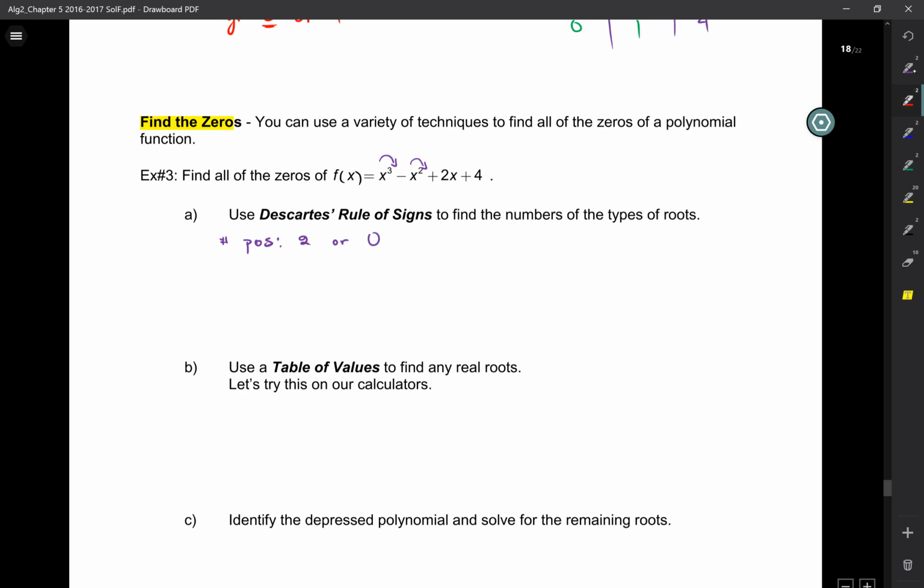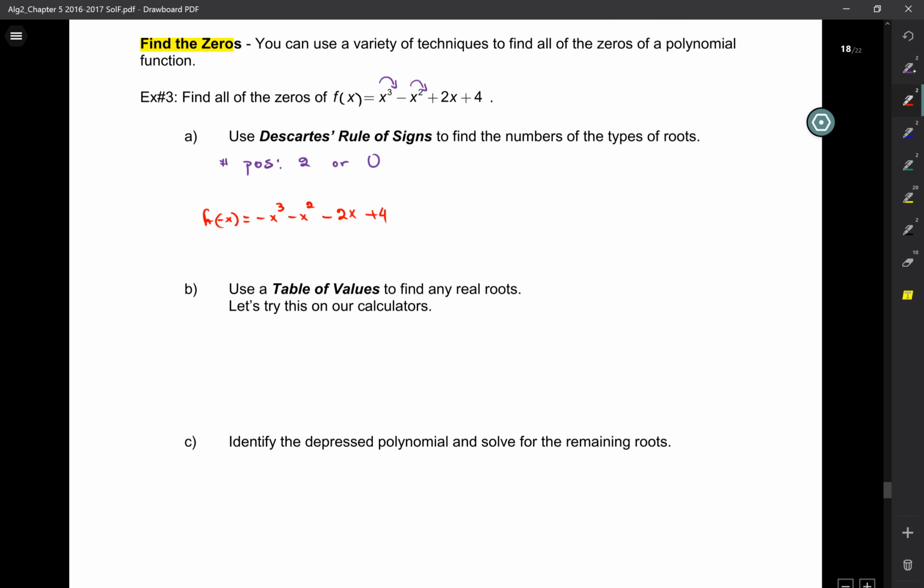Now let's do f of negative x. Negative x cubed minus x squared minus 2x plus 4. How many times does this change sign? Just 1. So let's do positive, negative, imaginary.